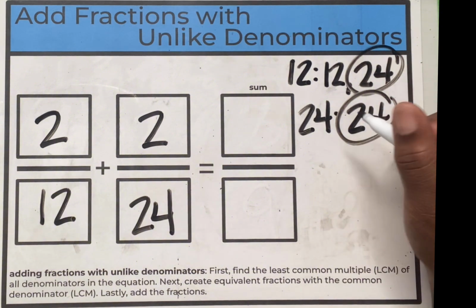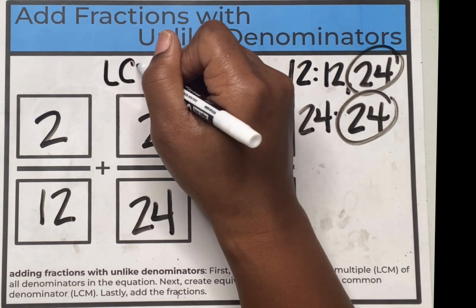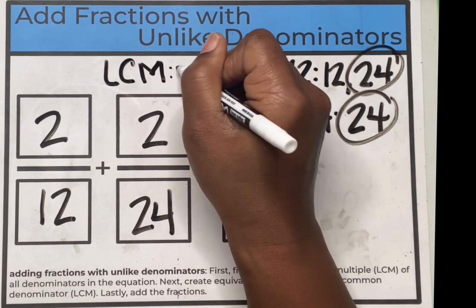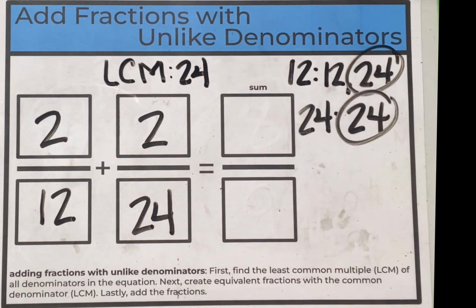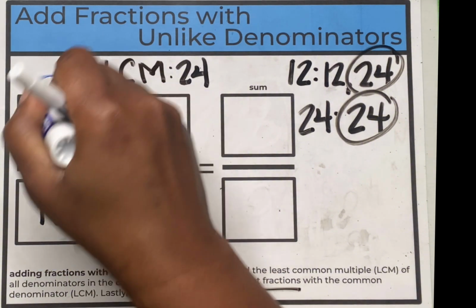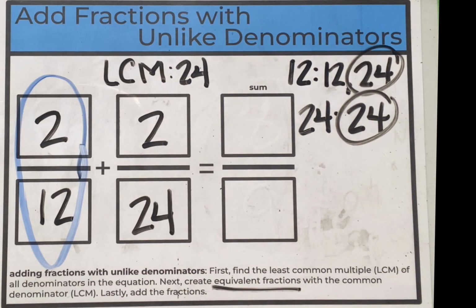That's my LCM. Then, after I have my LCM, I then create my equivalent fractions, right? Which fraction is an equivalent? 2/12 or 2/24? Hopefully you said 2/12, right? We have 12 parts.